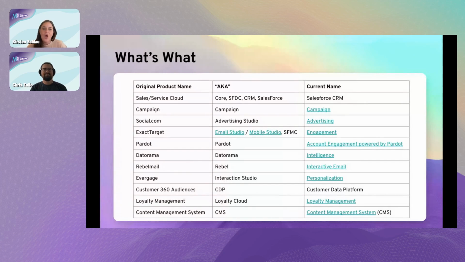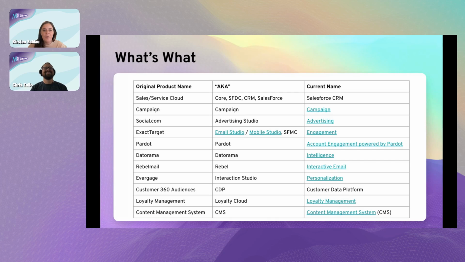So we just wanted to have a quick level set here on what that looks like. When we're thinking about Salesforce, Service Cloud, you're also hearing probably more like Core these days, SFDC, CRM, Salesforce. The current name is Salesforce CRM. Luckily, Campaign is the only thing that stayed current, I would say, out of this list.